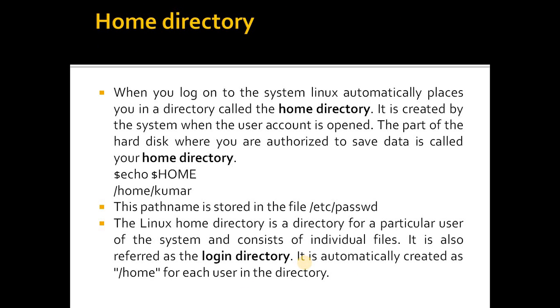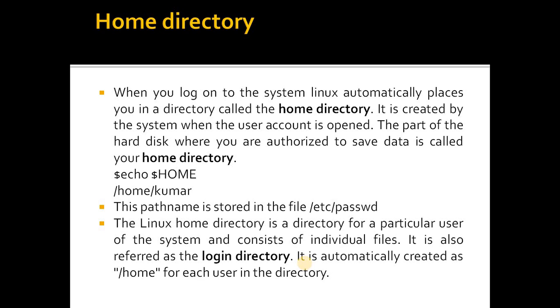The home directory can be said to be a personal working space for all the users. There is a separate directory for every user. However many users have logged into the Linux operating system, that many directories will be available for the users.